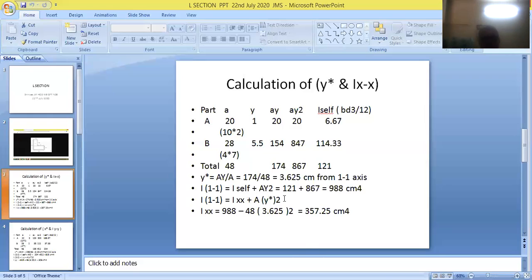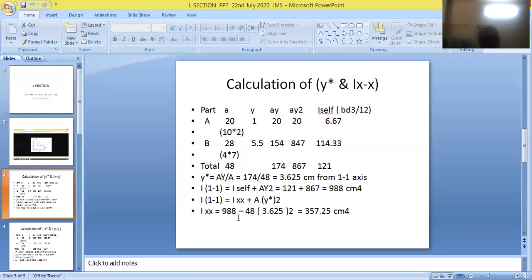So sigma I self is 121, and sigma AY square is 867. Clubbing these values, it comes to 988 centimeter 4. So the value of I11 is given as 988 centimeter to the power of 4.